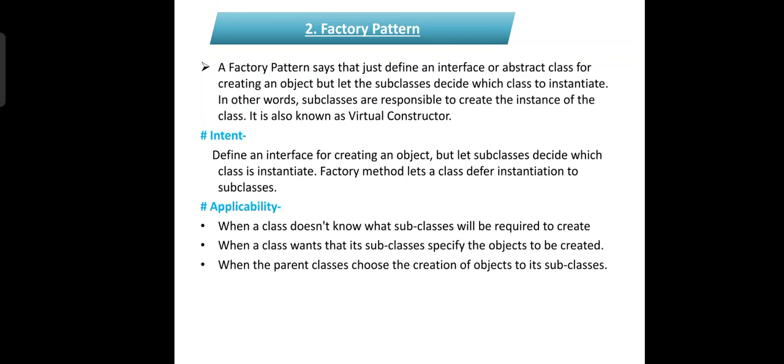Second, when a class wants its subclasses to specify the objects to be created. And last one, when the parent classes delegate the creation of objects to its subclasses, then also factory method is applicable.